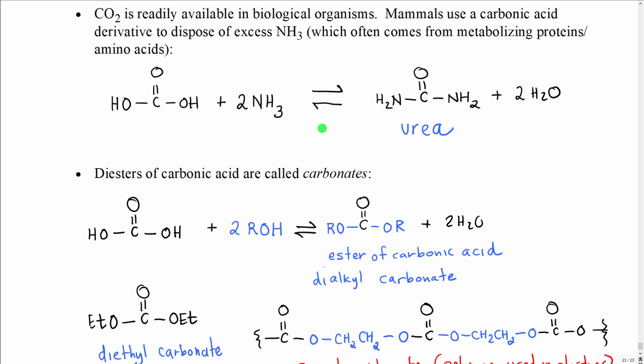It's very efficient. I should also point out that this works very well in organisms that have access to large amounts of water, but there are organisms, birds, snakes, that actually don't want to consume the large amount of water that's needed to ship the urea and filter it out.